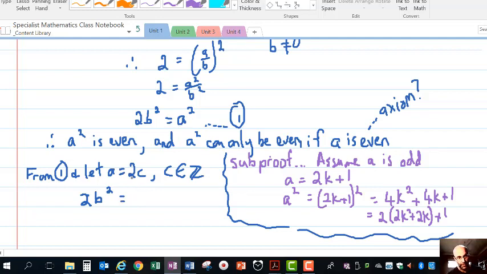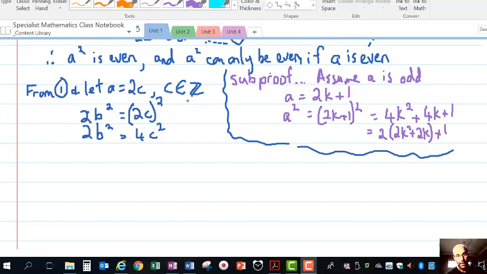Now in statement 1 it says a squared, so we're going to make that 2c all squared, replacing a with 2c. And 2b squared will equal 4c squared.